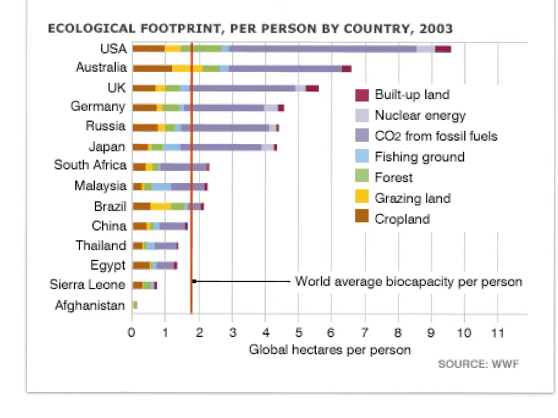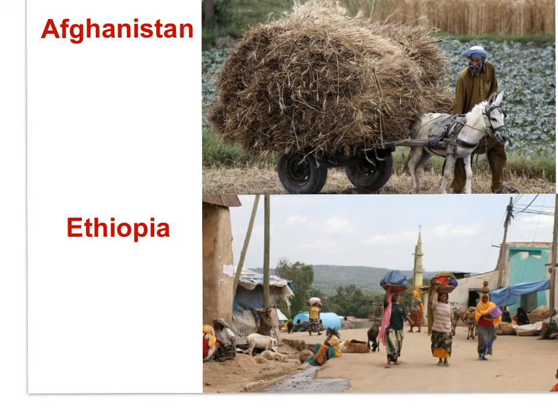Two thoughts. How is the area for fishing ground calculated? And notice that Afghanistan and Sierra Leone apparently have no carbon dioxide emissions in their ecological footprint. Were their carbon emissions so small as to be negligible? Remember that in LEDCs, people do not have access to a personal vehicle or motorized machinery.